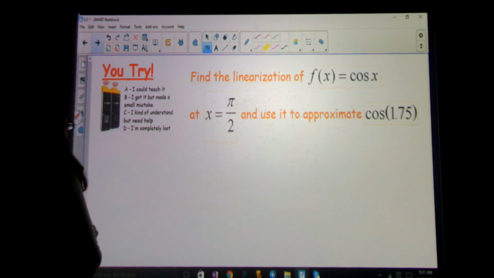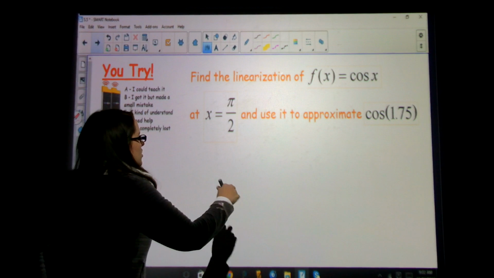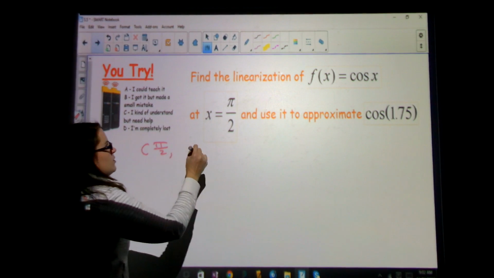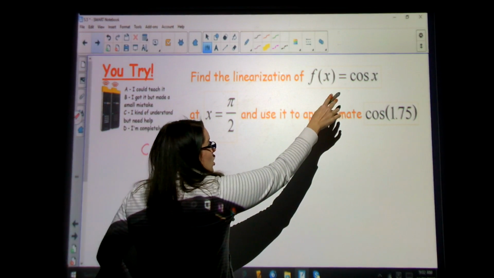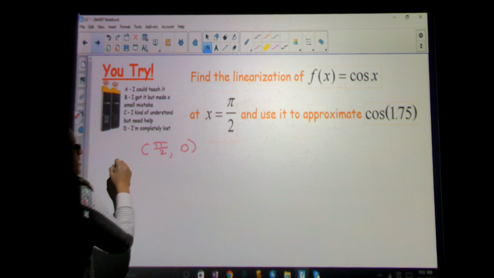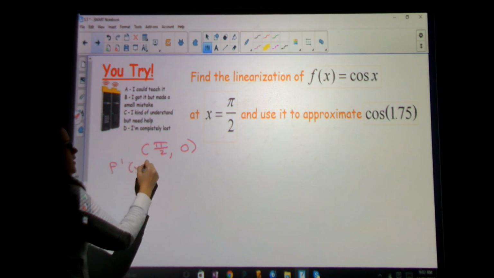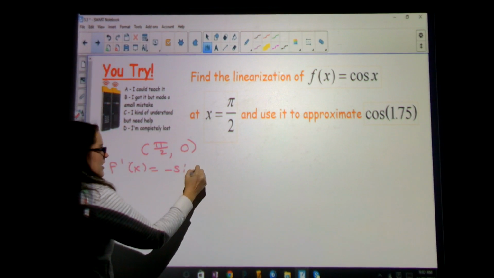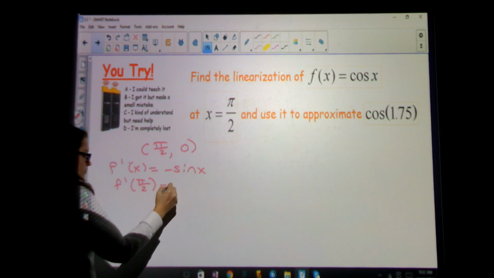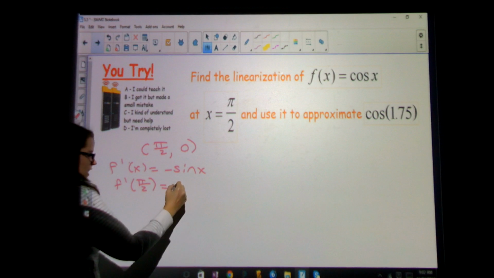Okay, hopefully everyone tried it. Obviously you can't click in. So let's go ahead and find our y value. Pi over 2, plug it into our function. Cosine of pi over 2 is 0. My derivative is negative sine x. So plug in pi over 2. Sine of pi over 2 is 1, but you have a negative.